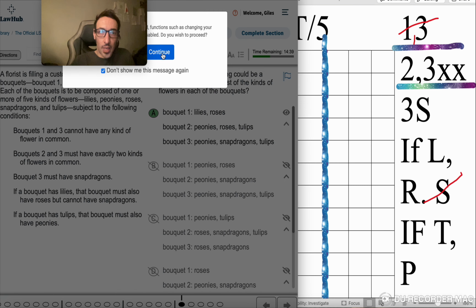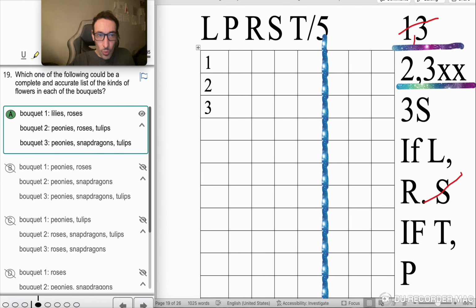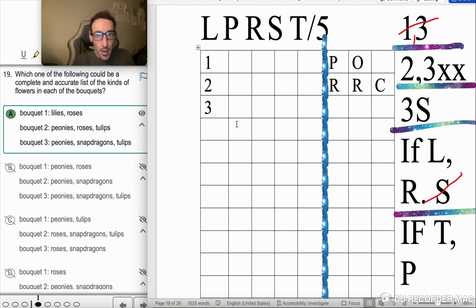Go ahead and choose A. The answer is A, with L, R in bouquet 1, and bouquet 2 is going to have P, R, T, and bouquet 3 is going to have P, S, T.